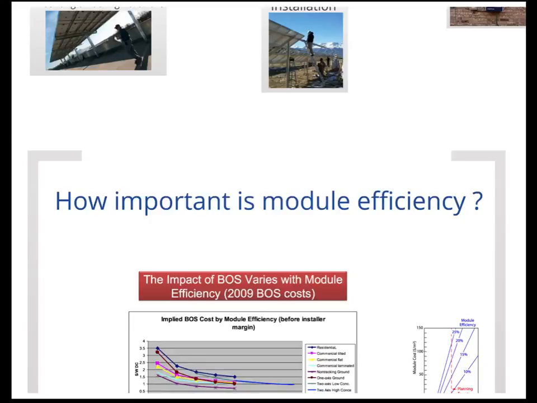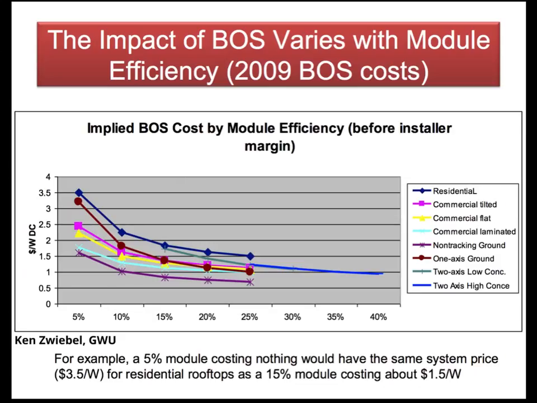So how important is the module efficiency on the total system cost? This is an interesting plot. In the x-axis are module efficiencies, and in the y-axis is the cost in dollar per watt DC.